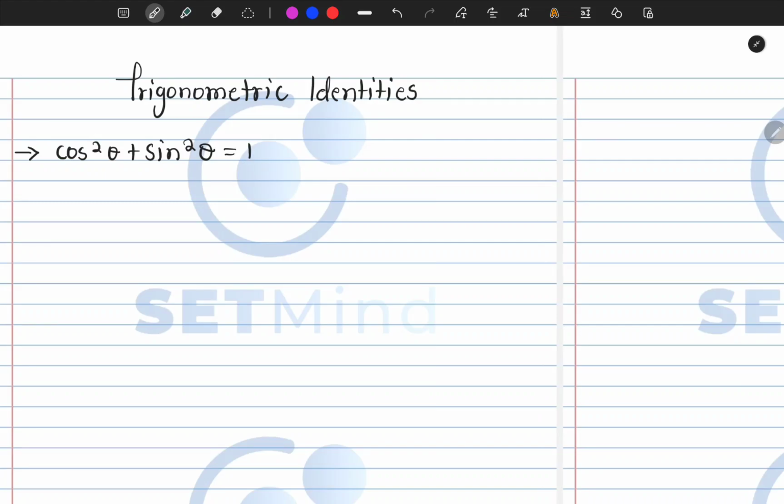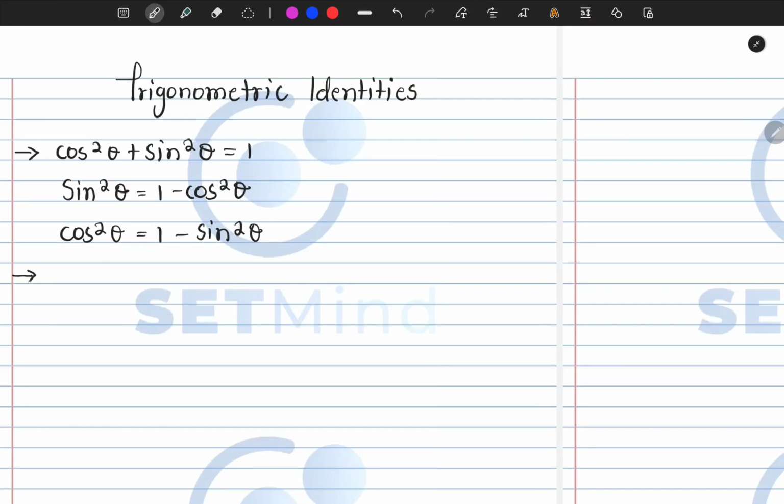This will always give you 1. And you can form different variations of this. You can easily write sine squared theta as 1 minus cos squared theta. Someone else can choose to write cos squared theta as 1 minus sine squared theta. This is fundamental.